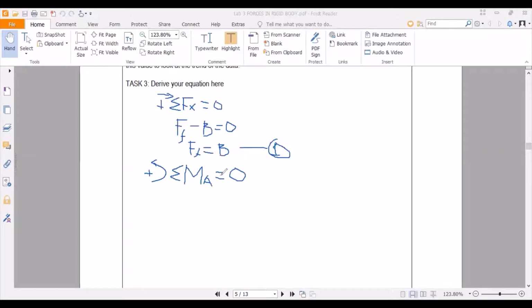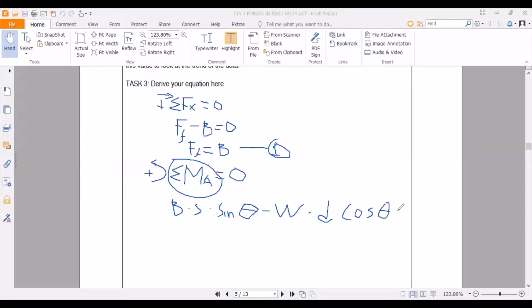So sigma moment on A, we can calculate B times S, the total distance or length of the truss, and sin theta, negative 2W times D, and then cos 2 theta.